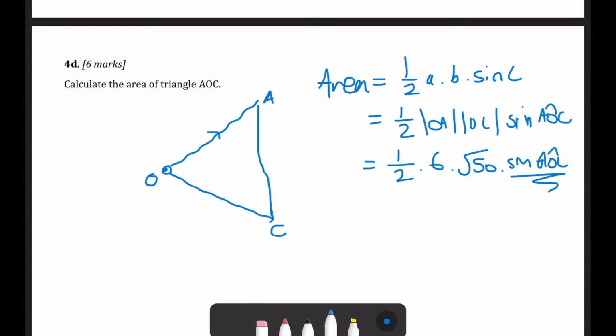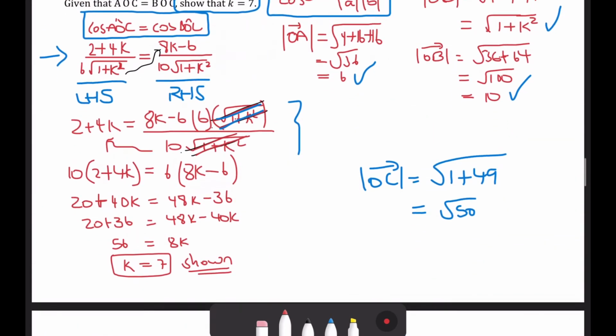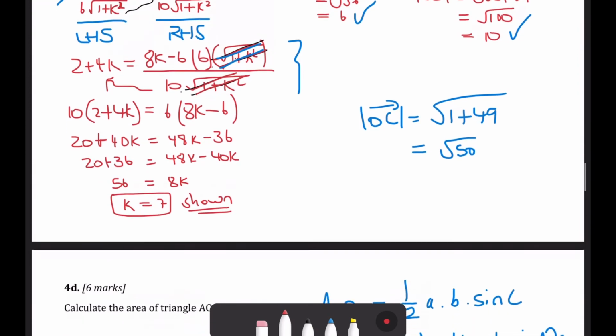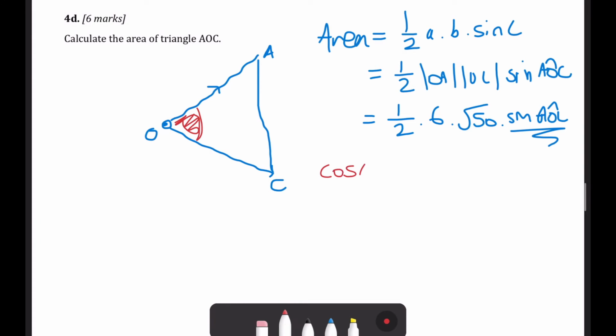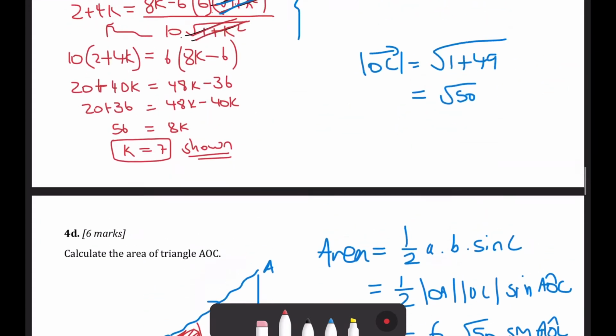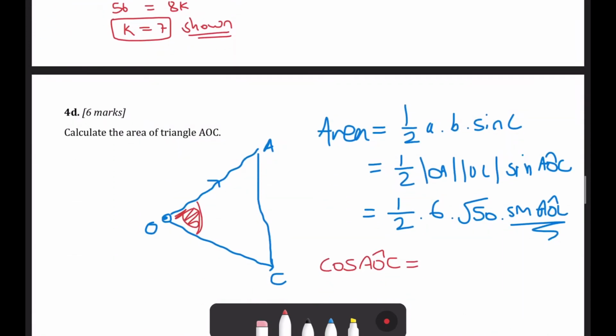So the problem is finding the sine AOC, which is this angle in here. But what we do know is that cos AOC, if we simplified it down and put in the 7, is 2 plus 4k over 6.